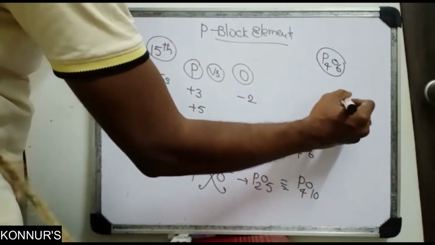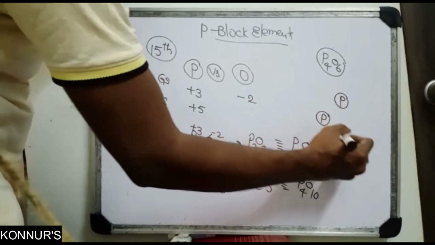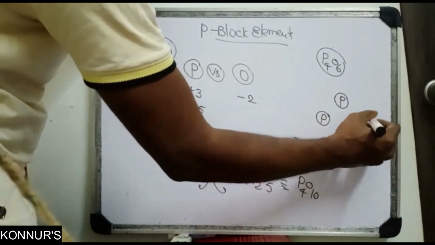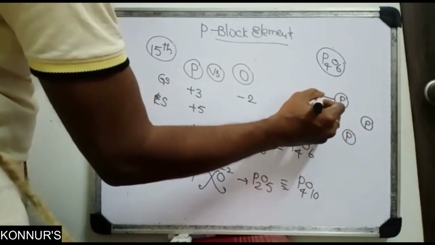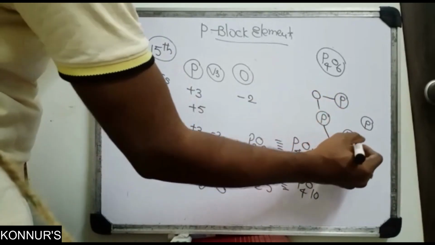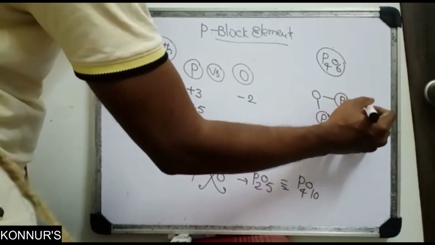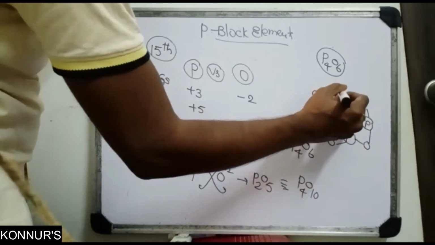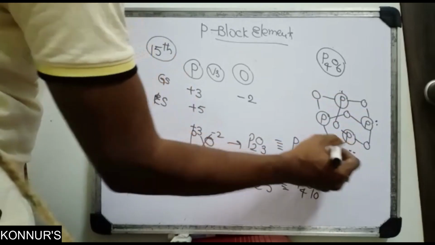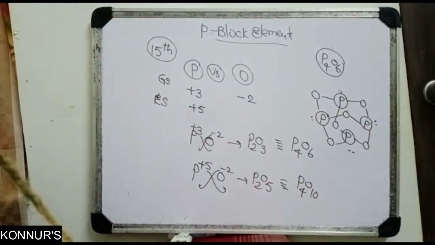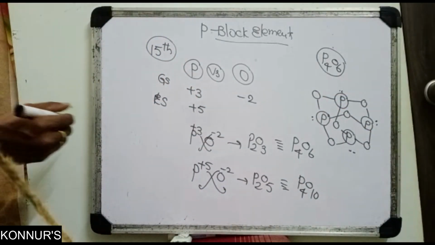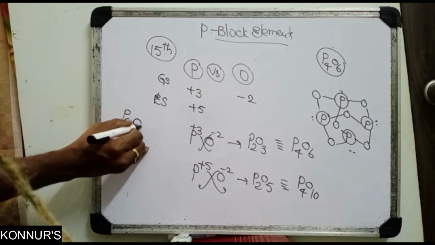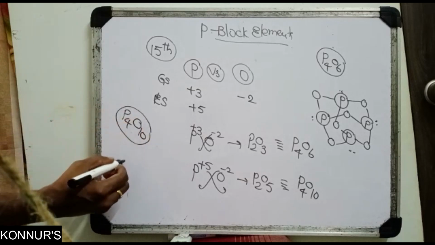For P4O6, you write the 4 phosphorus in tetrahedral form, and each one is combining with oxygens. Next, the P4O10 structure.